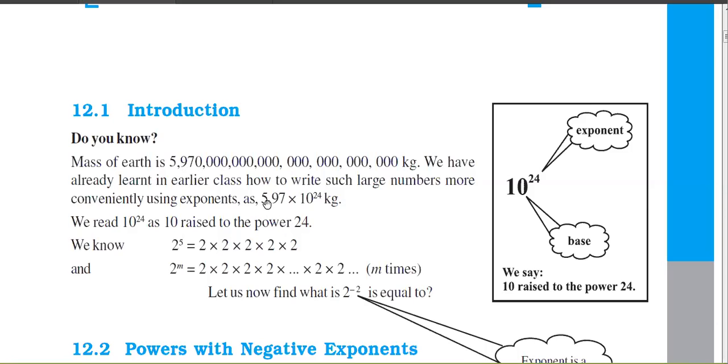So this can be represented as 5.97 into 10 to the power 24 kg. There are 22 zeros altogether here, and with this 9 and 7, it will be 24. So it is 10 to the power 24.